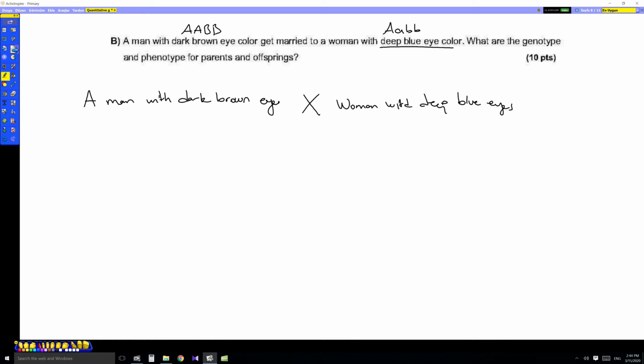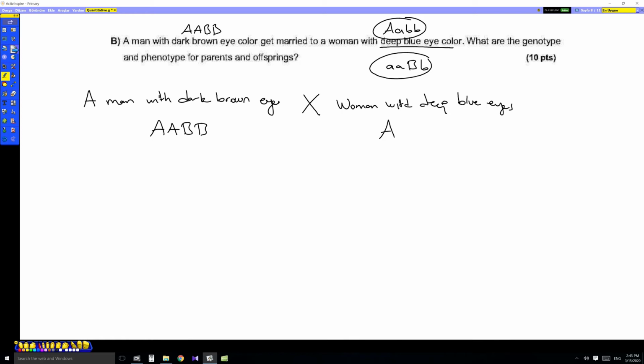We know their genotypes: dark brown, A capital, A capital, B capital, B capital. For the woman, A small, A small, B capital, B small. There are two probabilities, it can be this or A capital, A small, B small, B small, but we take one of these two types, no difference, because it's quantitative genetics, not qualitative.